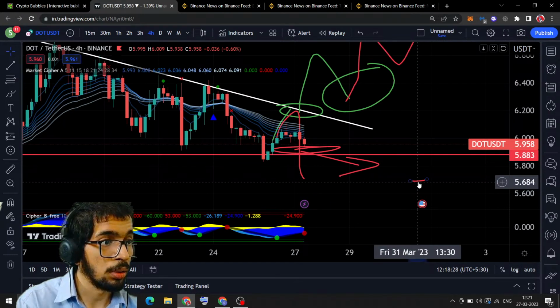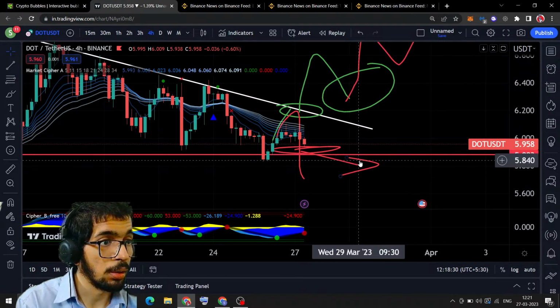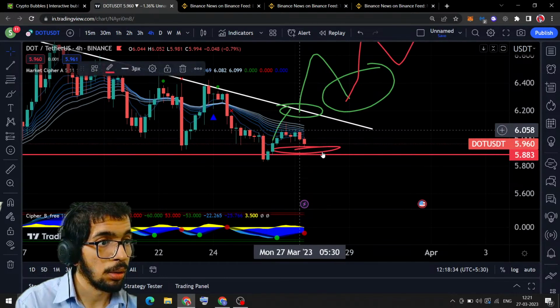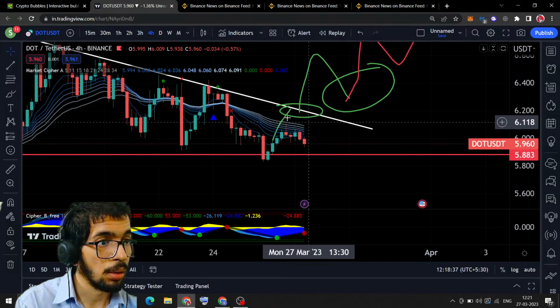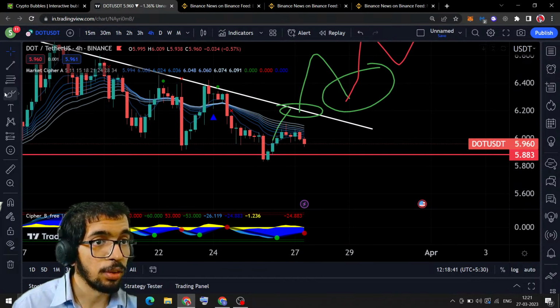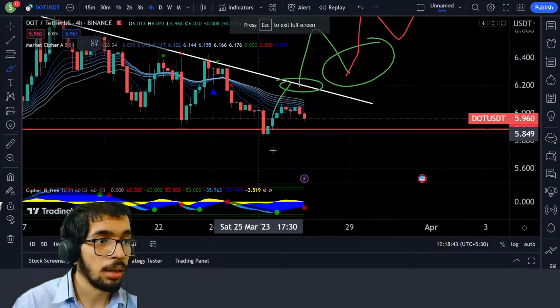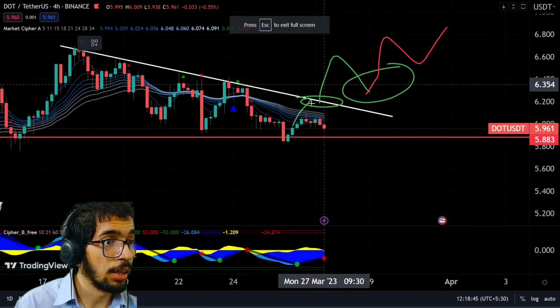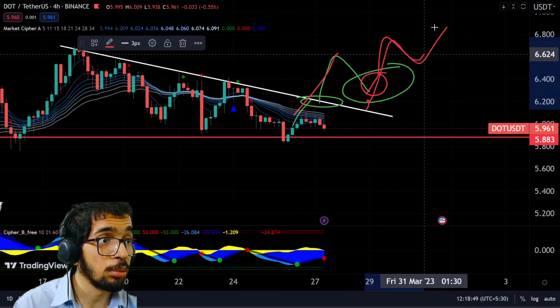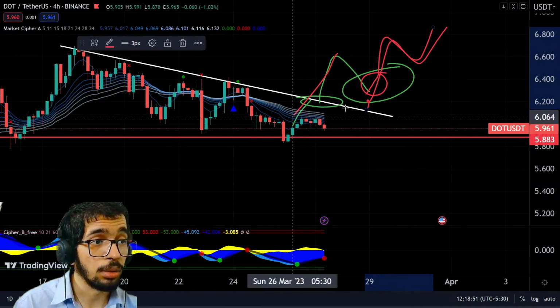For bullish, you know, it breaks this here, it comes here, you can enter when it keeps the support, and then it's more probably going to go up. So that's why it's bullish.